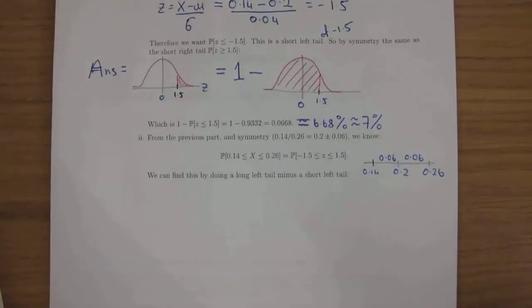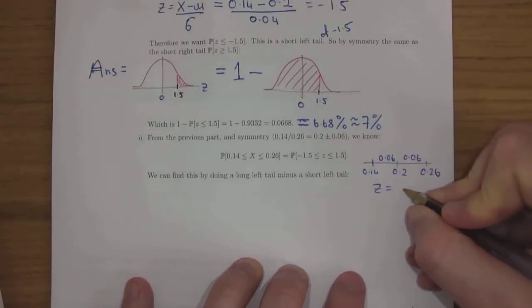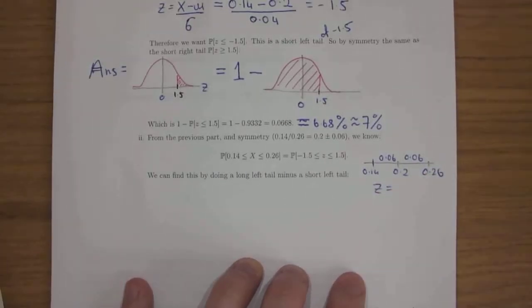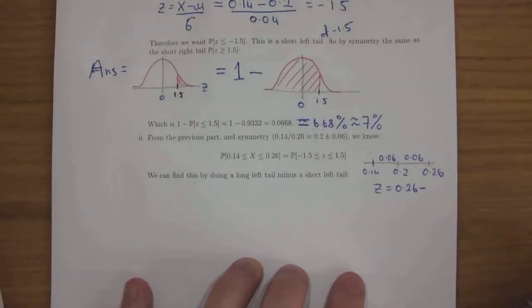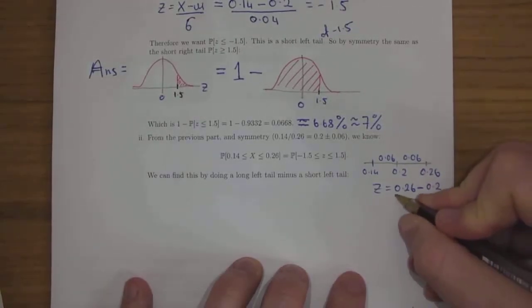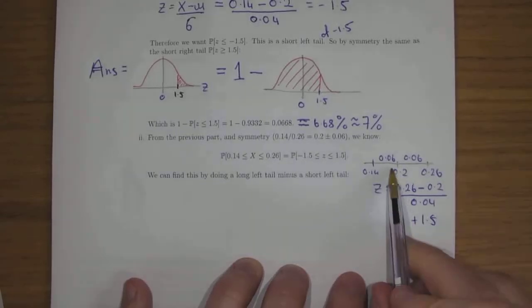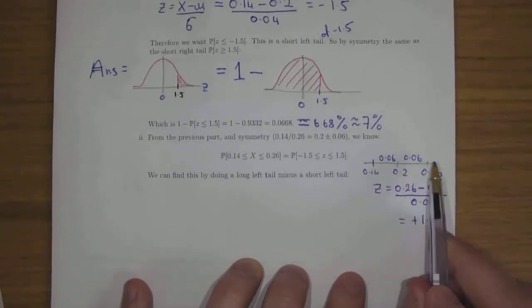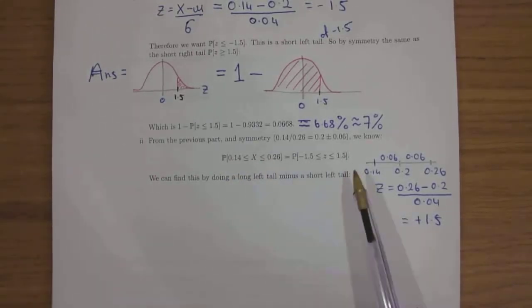So if you put Z equal to the X value of 0.26 minus the mu of 0.2 over the standard deviation 0.04, you're getting plus 1.5. So this number here is minus 1.5 standard deviations and this is plus 1.5 standard deviations. So we know that this probability, the area between these two, is equal to the area between minus 1.5 and plus 1.5.